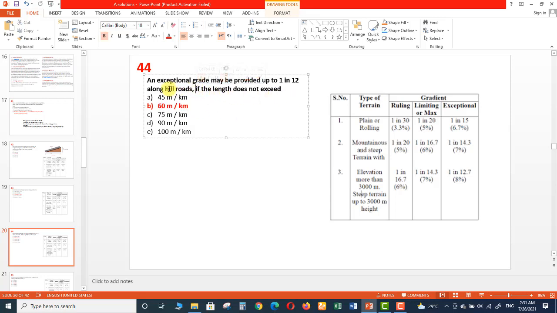If the road length of the hilly area does not exceed 60 meters per kilometer, then we can provide a 1 in 12 gradient or slope. So option number B for question number 44 is correct.